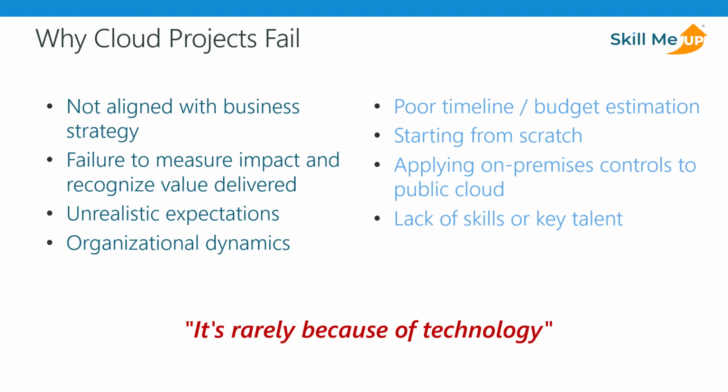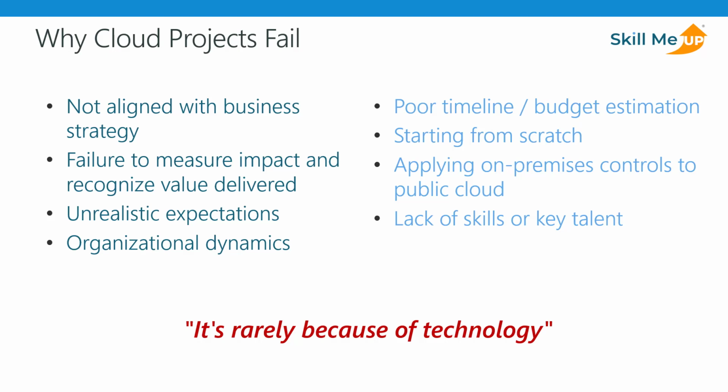You need to understand what the impact's going to be, recognize what value is going to be delivered, and communicate that to the business, and understand what the expectations are, having realistic expectations, making sure you communicate to the business as well as the technical, what those expectations are, and understand overall the organizational dynamics. Who's pulling the strings, so to speak, in terms of why we're moving to the cloud, and what is the reason for that decision being made.